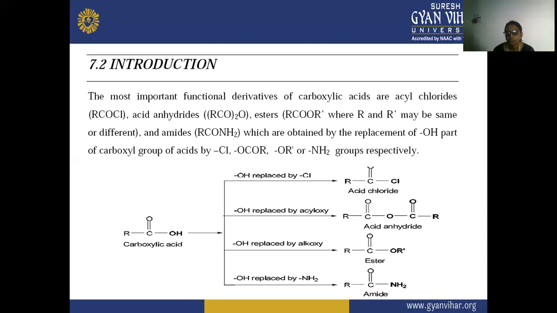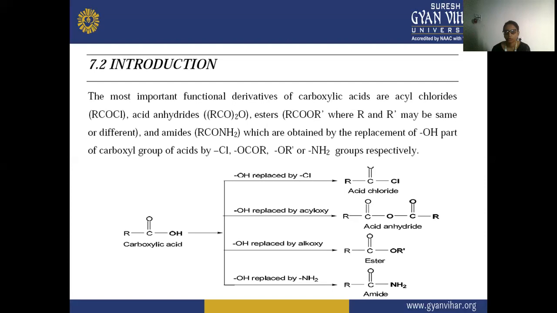If NH2 is attached to a carbon with no CO, it becomes an amine. And if the CO is attached to this NH2, then it becomes your amide. They are all formed from carboxylic acid, which is why they are known as carboxylic acid derivatives, and they are of 4 types.